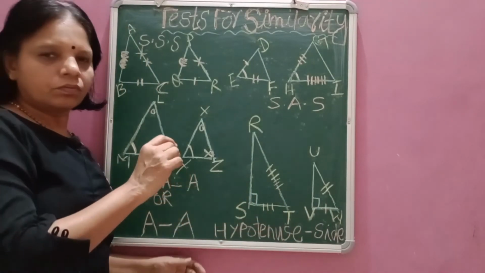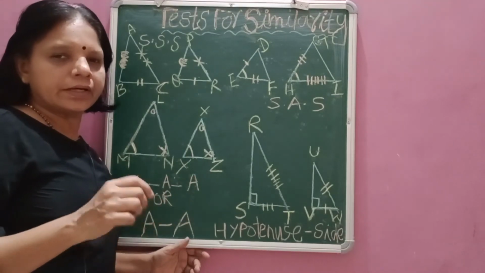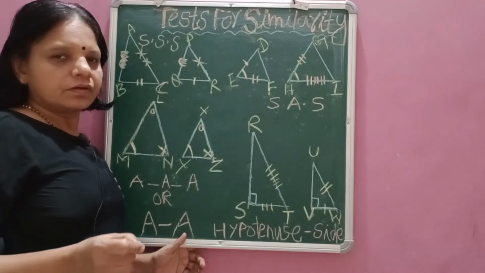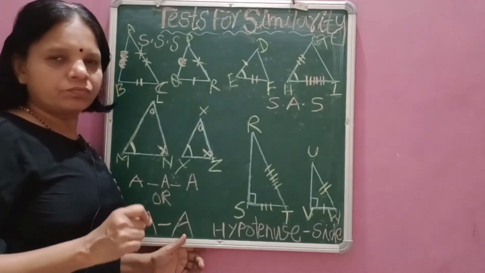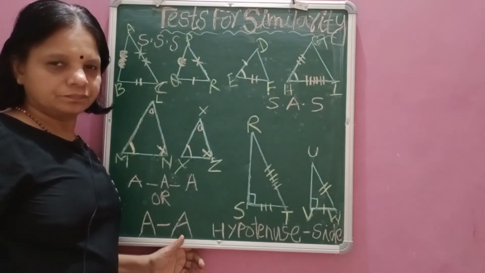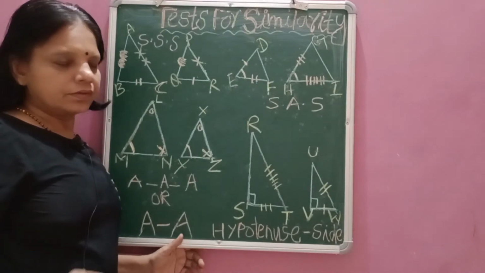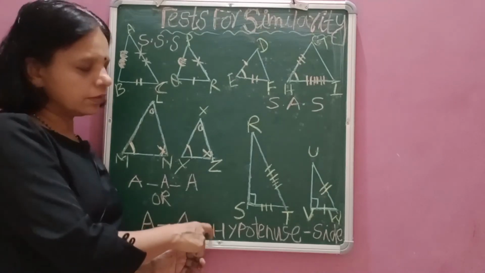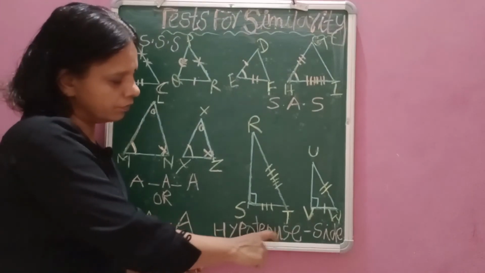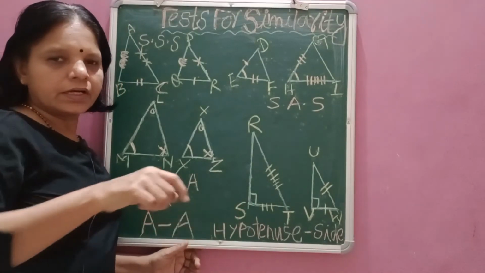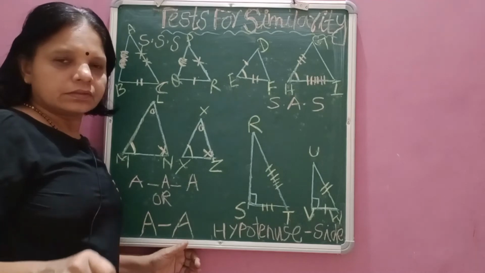So here you only have to check the ratio of the hypotenuse and the ratio of one of the corresponding sides. Clear? Then the two triangles are similar by, what is the test called? Hypotenuse side test. That is only for right-angled triangles.